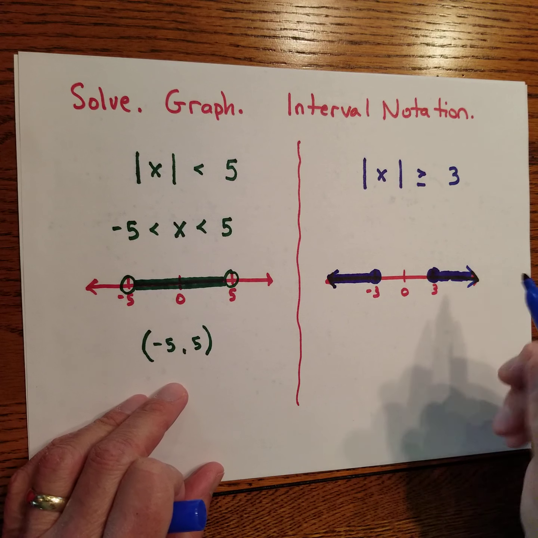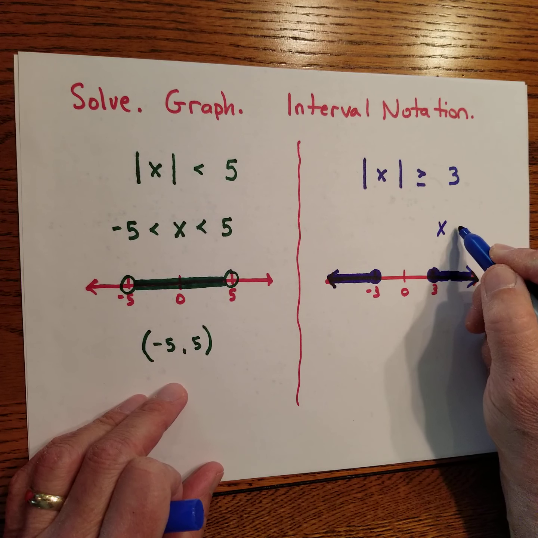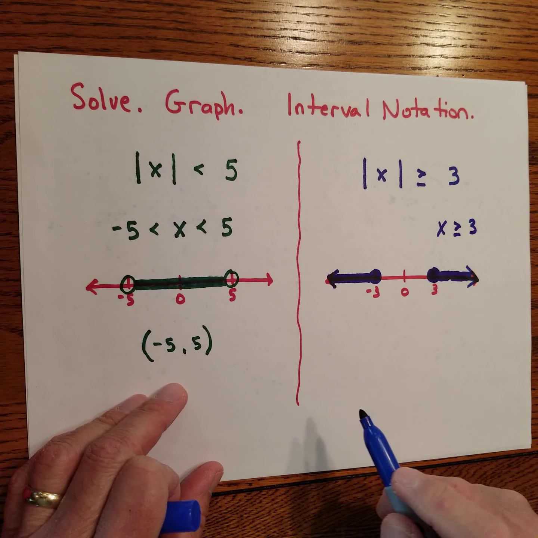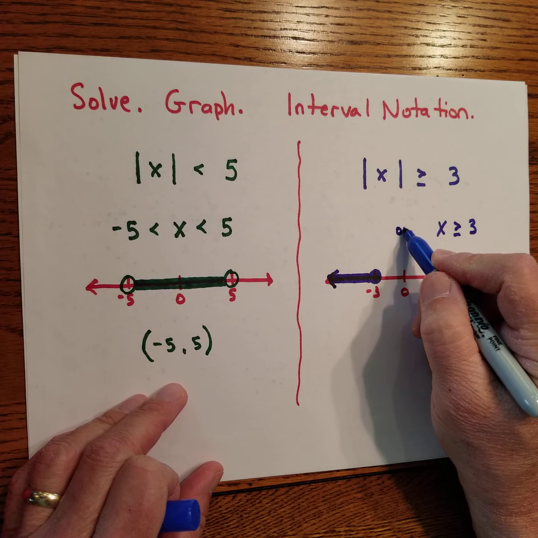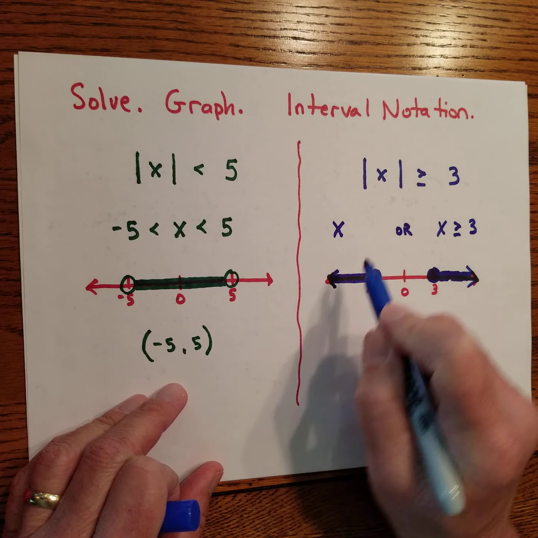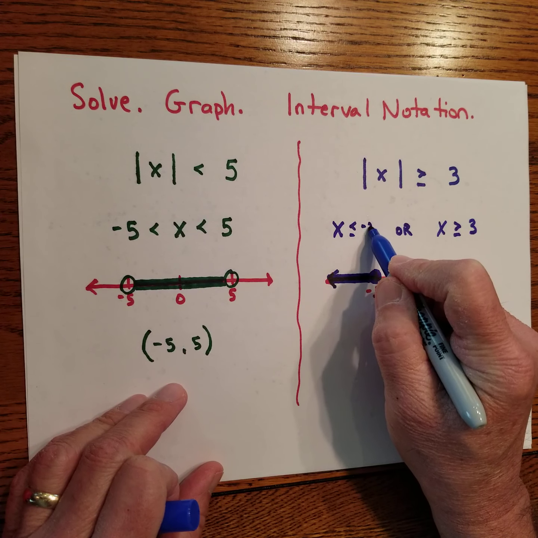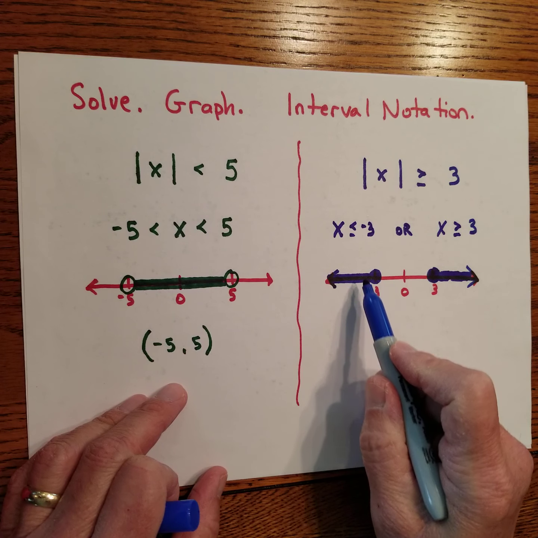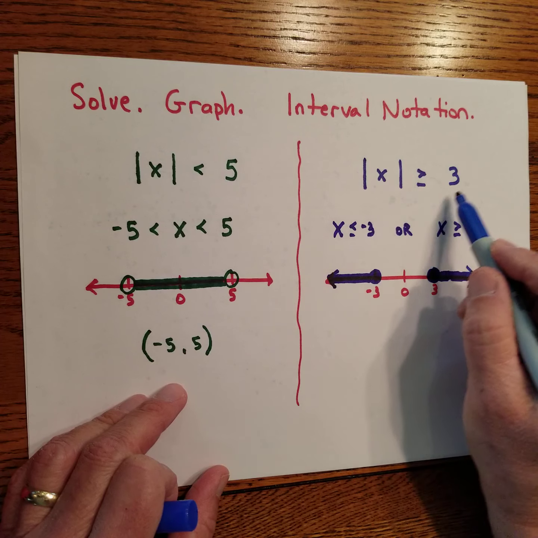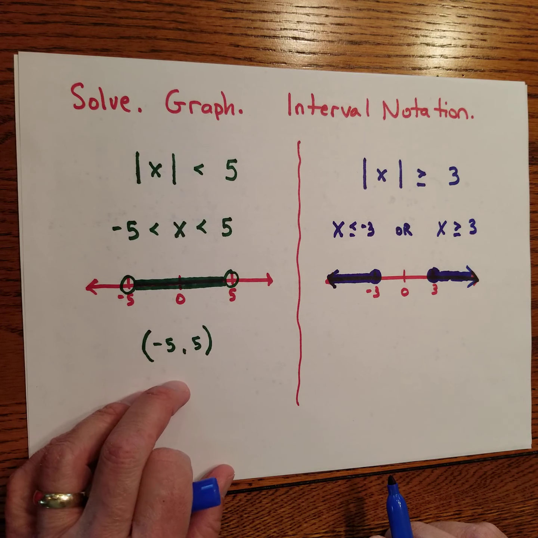Now, what have we covered? What we've covered are numbers that are to the right of 3 or equal to 3. We've also covered numbers that are to the left of negative 3. Anything that is to the left of negative 3 or that is to the right of positive 3 will make this inequality true.